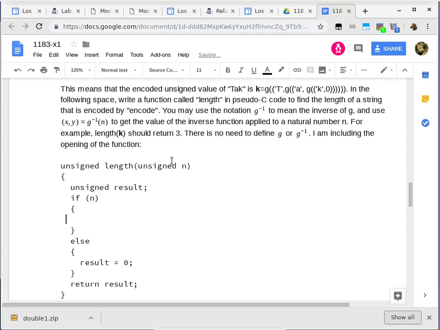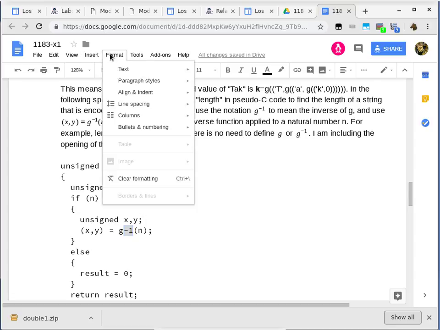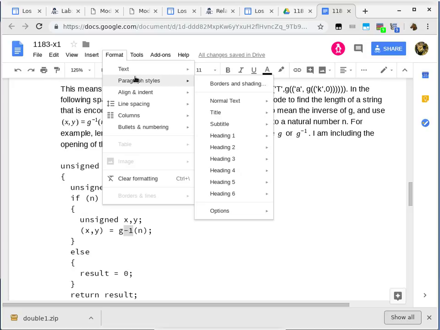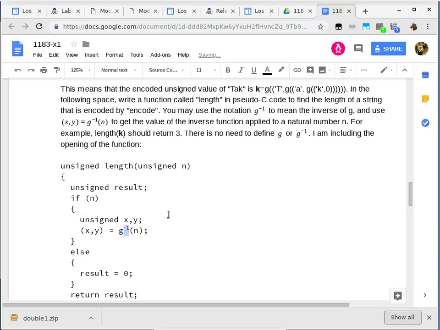All right, so what if n is non-zero? Then I have to break it up into the two components, right? The x and the y. So now I have my local variables x, y, so that I can use what is suggested in the question itself to capture G inverse of n. So this is supposed to be a superscript, and I think I can change it to superscript. Yep. There we go.